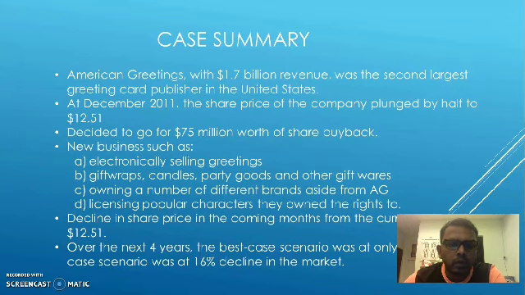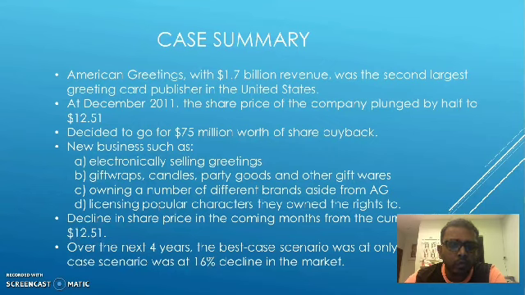So what happened at the end of 2011 is the share price of AmericanGreetings started to drop drastically, where the price was only $12.51 per share.